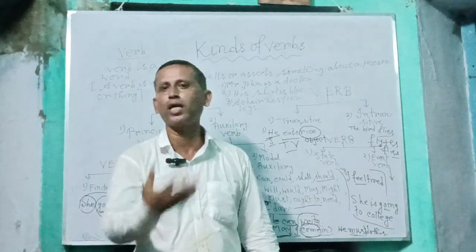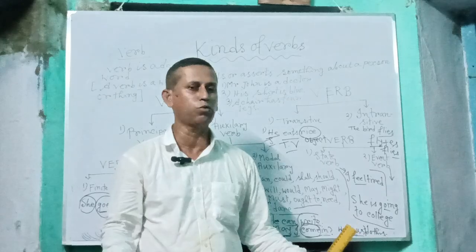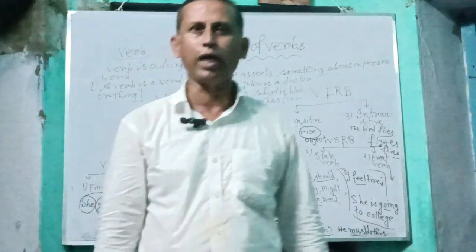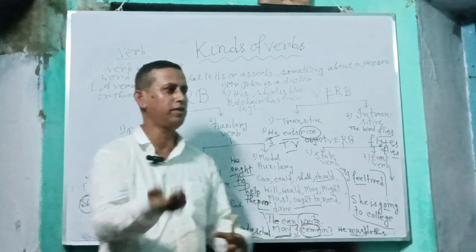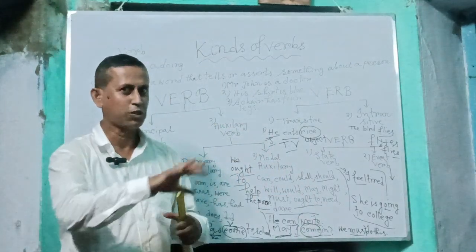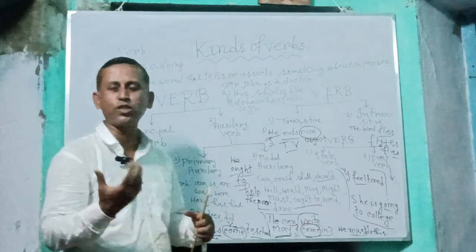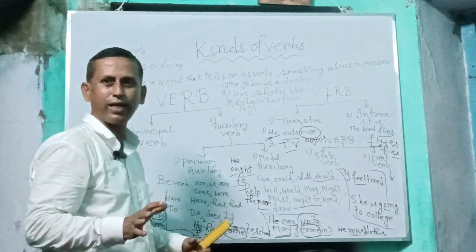Today's teacher should not be like a statue sitting in a chair. Today's teacher is dynamic, running, fulfilling the students' dreams. So teacher should be very energetic in spoken English.